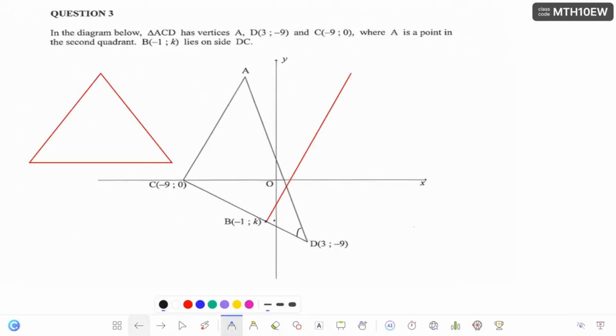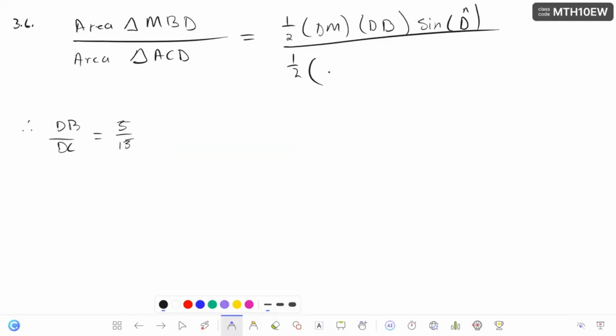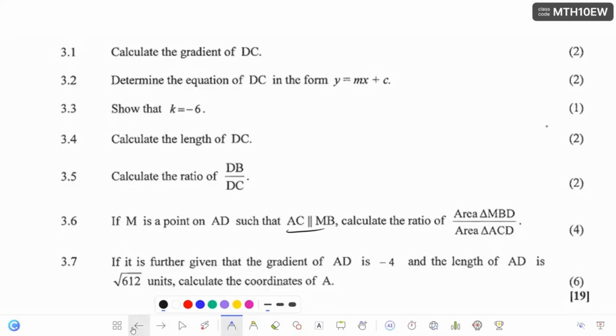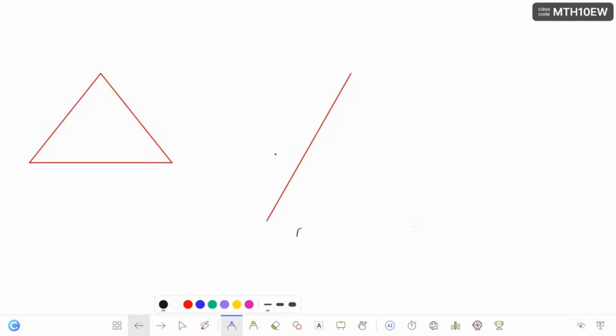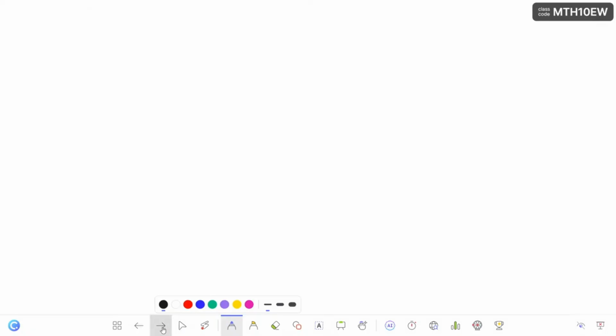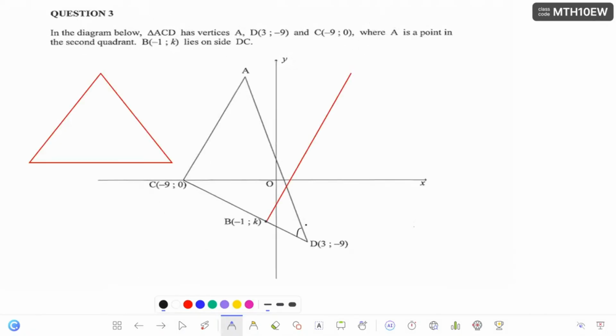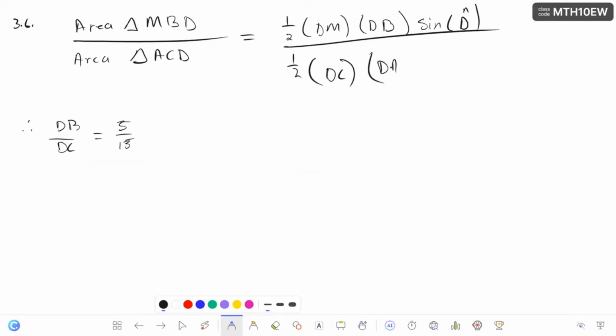So now we need to go to the big triangle, which is DC. Then the other side is AD or DA, sine of D, because they are both common.